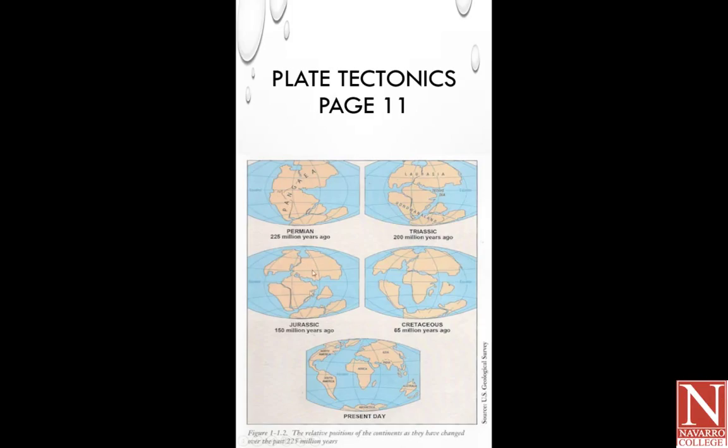Now, if you look at this picture, when I look at it, I say, yeah, I believe that this could have happened. It could have fit right there because you see where it fits. And then also it's breaking off a little bit further, and then this is how it looks today.